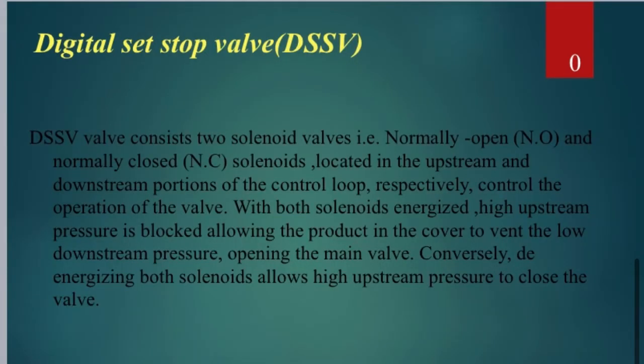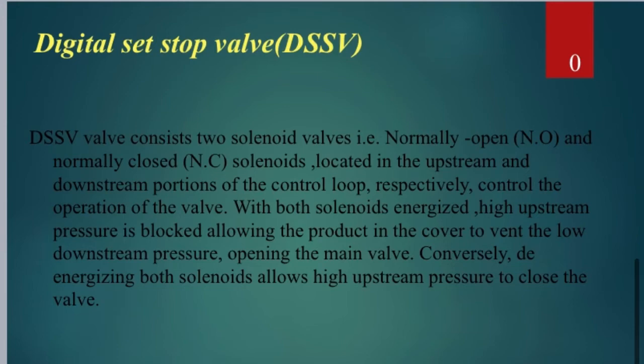Digital set stop valve. The DSSV valve consists of two solenoid valves, that is, normally open and normally closed solenoids. They are located in the upstream and downstream portions of the control loop respectively. They control the operation of the valve.